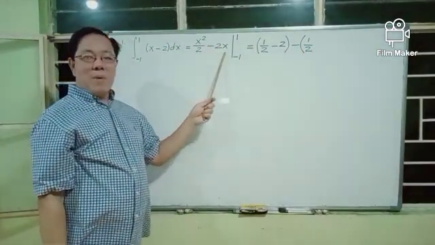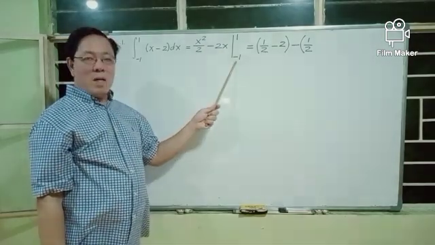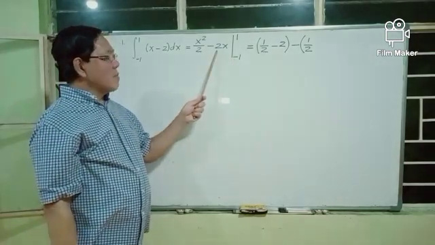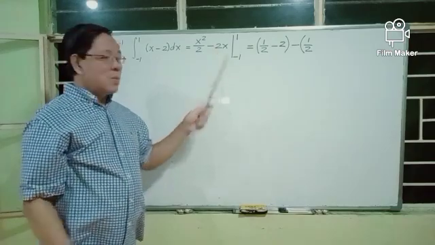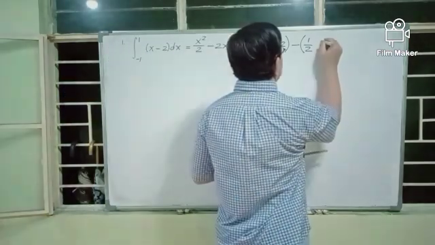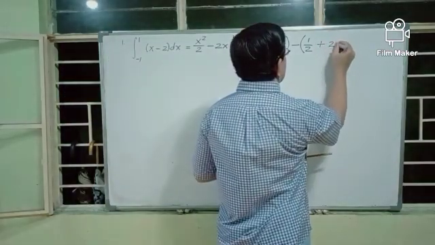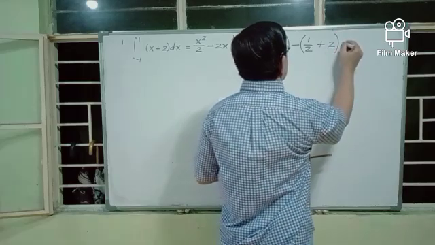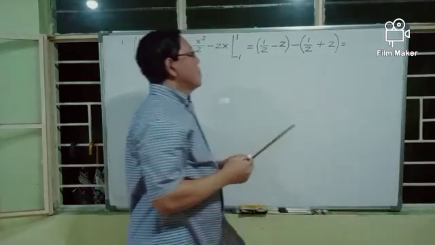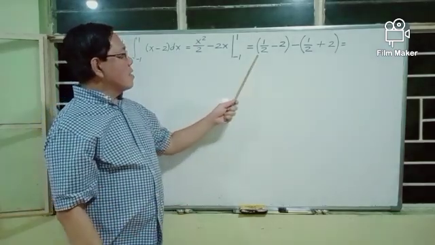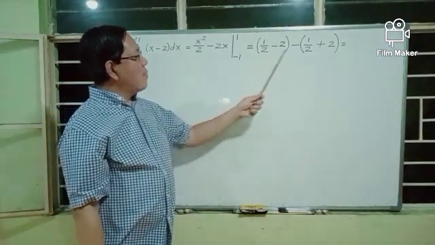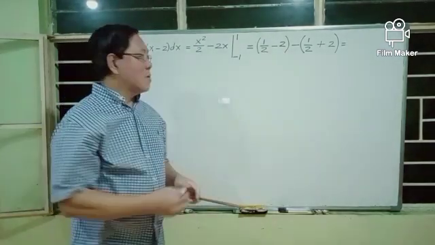Minus 2 multiplied by x, x is minus 1. And minus 1 times negative 2 is plus 2. And we simplify, you can see that we have 1 half minus 1 half is 0.